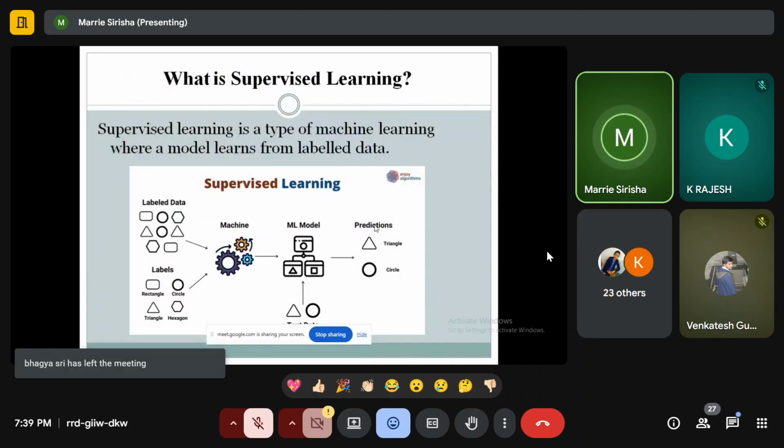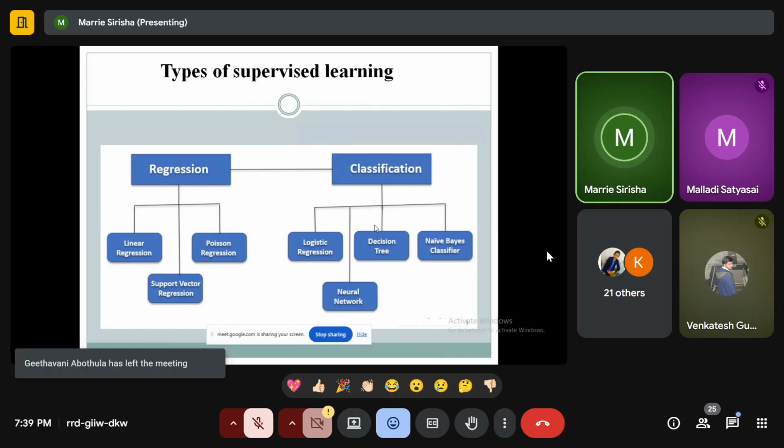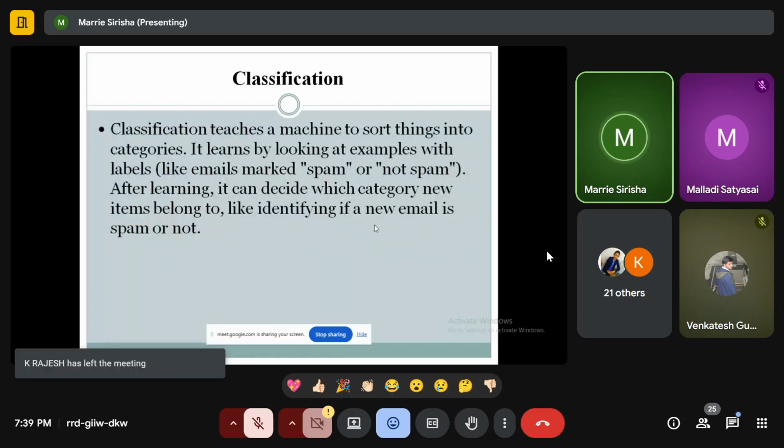I'm just showing you a small glimpse of what we discussed yesterday. This is how supervised learning works. As I told you, there are two types of supervised learning: regression and classification. Classification will classify which class the data belongs to.